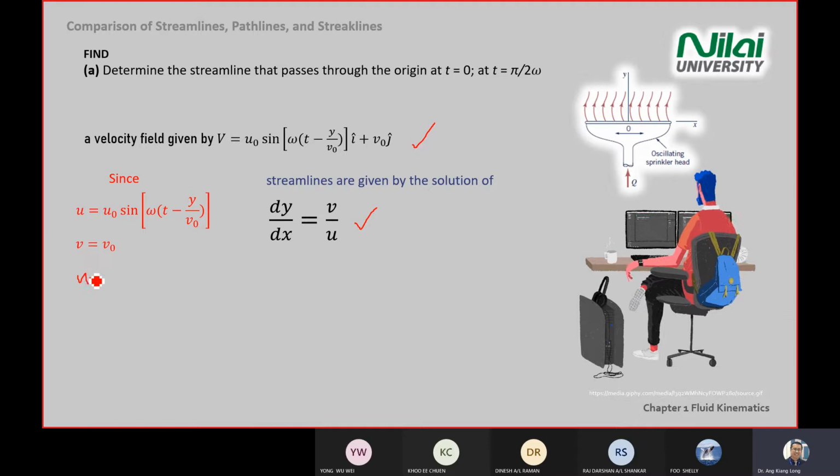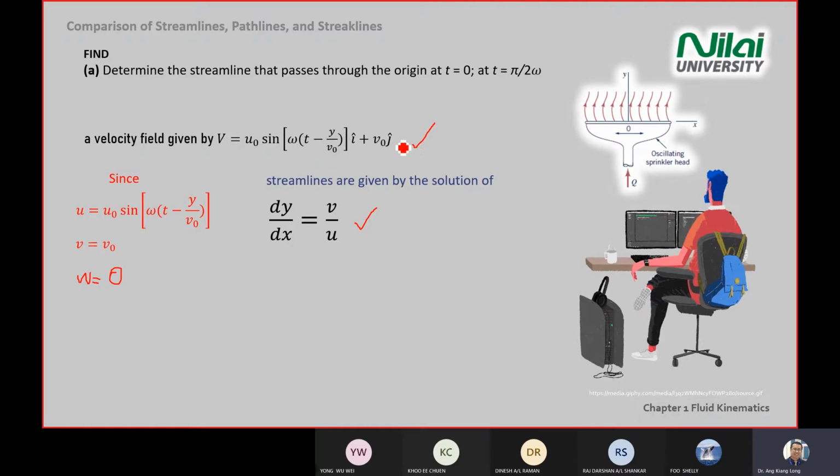If the question asks you about 3 dimensions, w in this case is 0. Although there is no w written, mathematically you can show the reader that you understand that when you write a vector, there is a value for the third dimension. The value is 0.